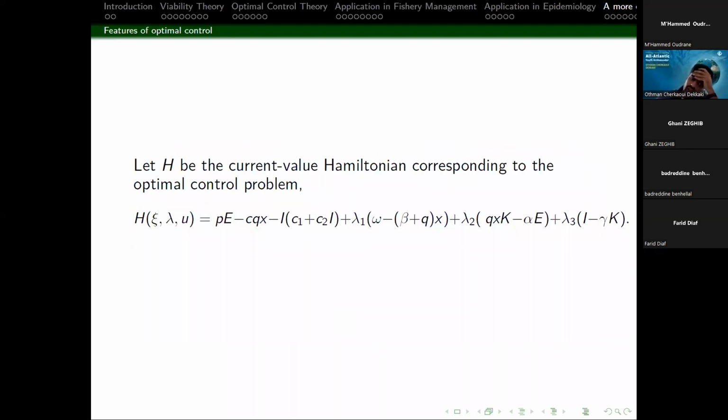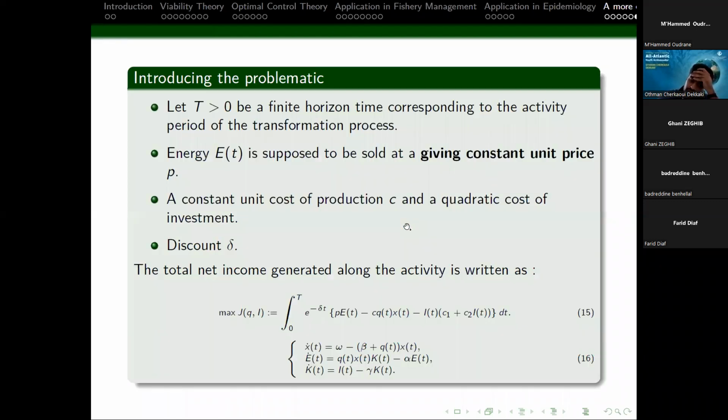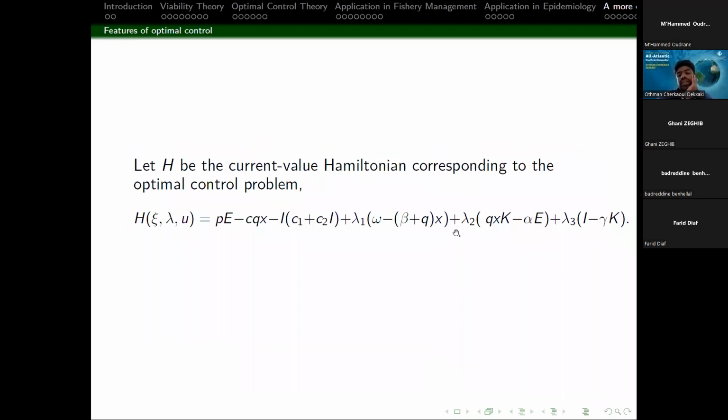So it's the profit function, plus lambda 1 multiplied by x dot, plus lambda 2 multiplied by e dot, plus lambda 3 multiplied by k dot.